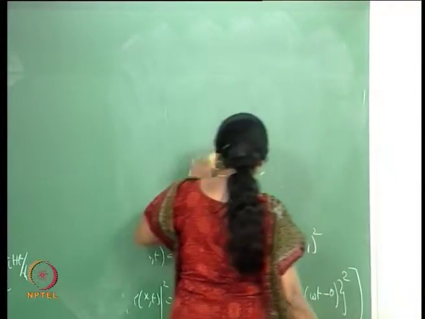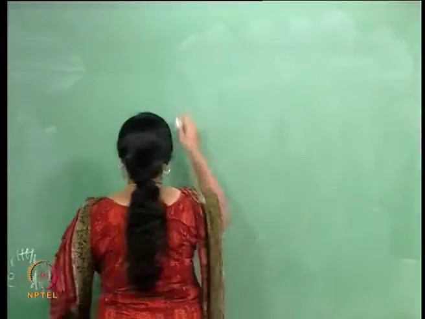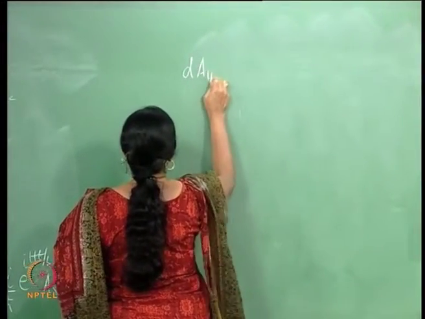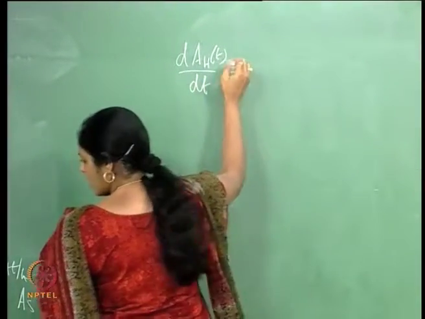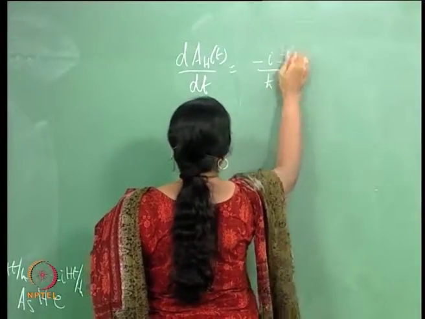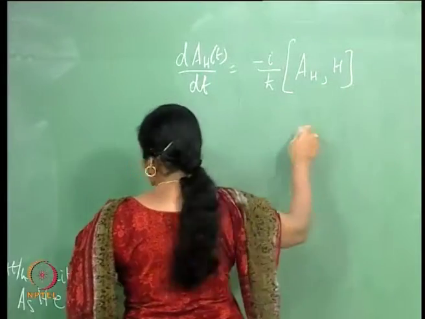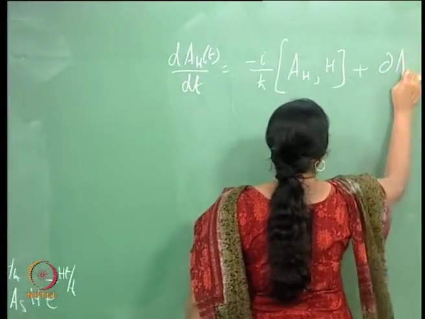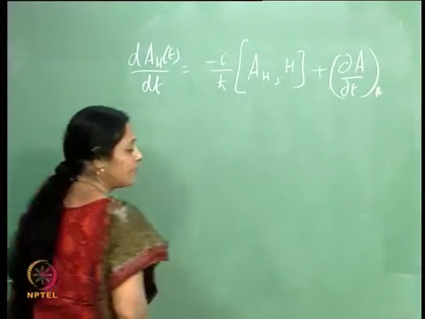I have the following. dA H of t by dt, which is the total time dependence, is minus i by h cross commutator of A H with H plus delta A by delta t in the Heisenberg picture.